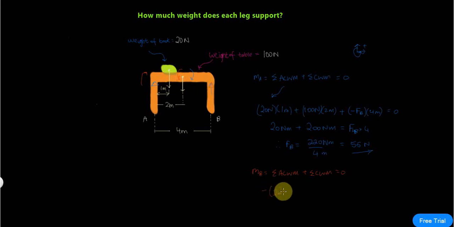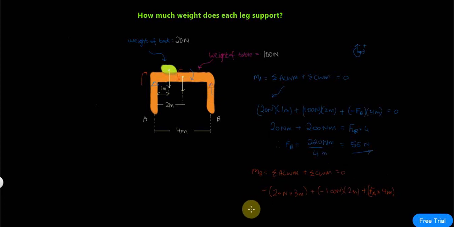So I have to take this 20 newtons and multiply it by the 3 meters, plus the center of mass, which is 100 newtons, multiplied by its distance, which is still 2 meters from that leg, plus the distance that this leg is, which is now force A from the axis of rotation, which is leg B.